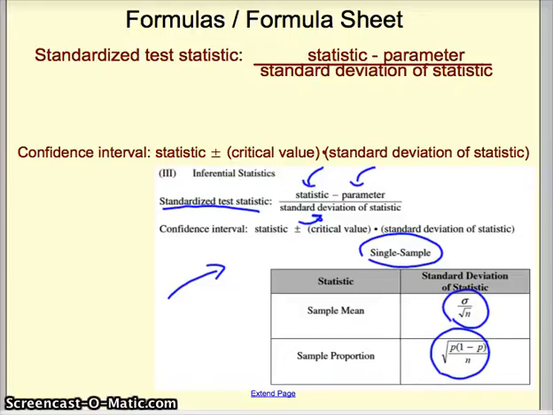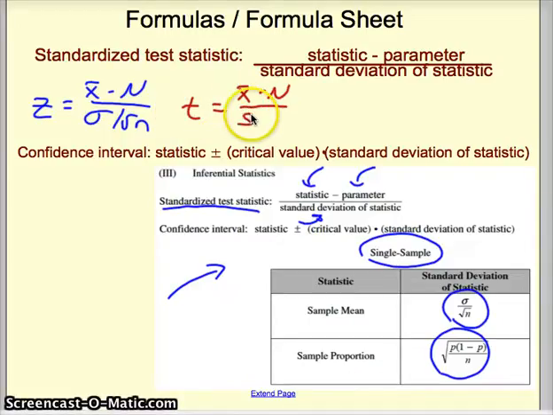So we have these test statistics, Z equals x bar minus mu divided by sigma over root n. But in this lesson, in section 12.1, we're adding t, which is also x bar minus mu, but divided by s over root n. And in section 12.2, we'll get to proportions.